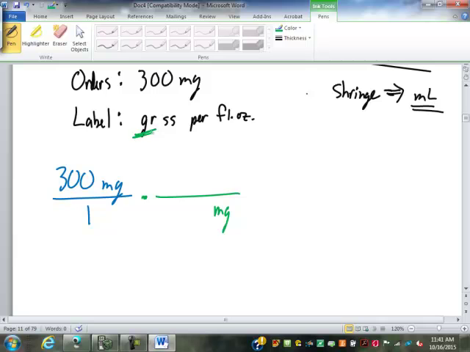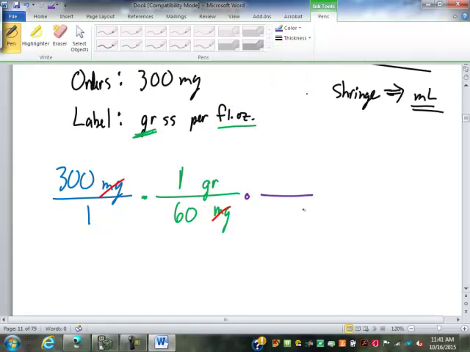Label mentions grains and fluid ounces. Now, milligrams is a measure of mass or weight, so that would have to go with grains, because fluid ounces is a measure of capacity. What's our relationship between grains and milligrams? 1 grain is 60 milligrams. So we have now converted to milligrams.